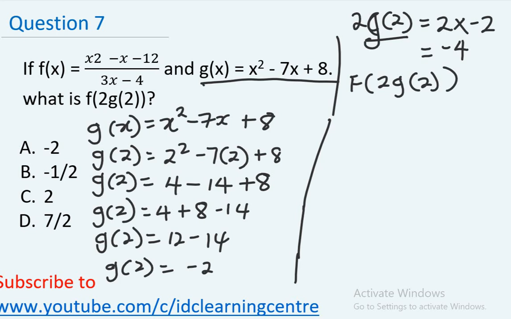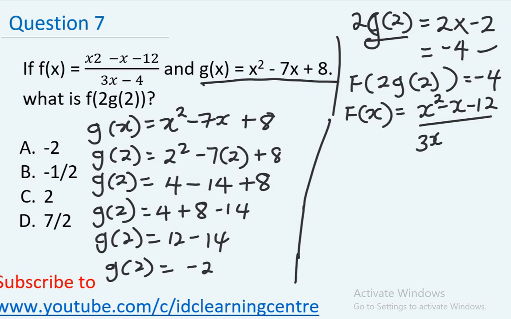Okay, everything here will simply be minus 4. That's what we got here when we solved this. f of x equals x squared, going to the equation, minus x minus 12, over 3x minus 4.